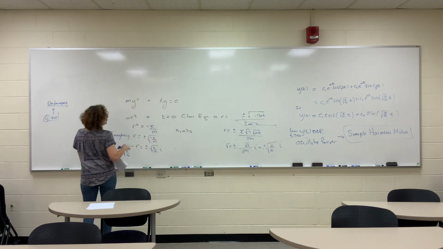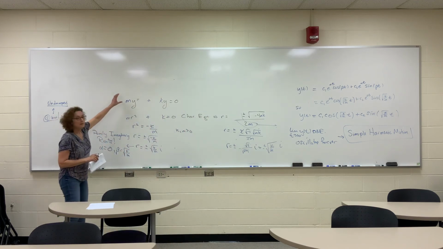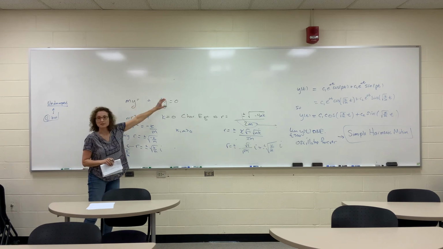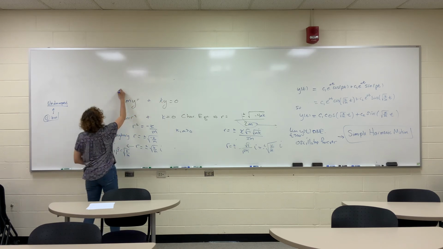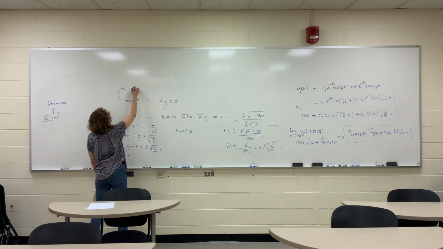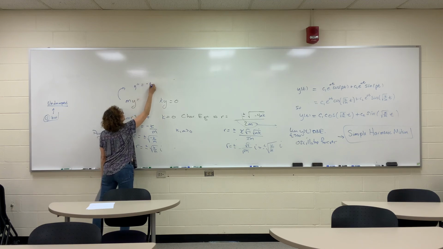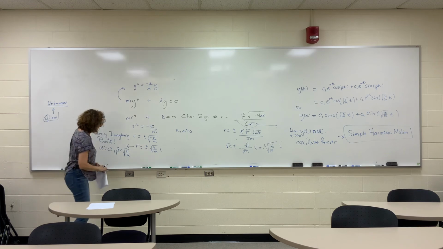Simple harmonic motion is going to come from an equation, an ODE, a constant times y double prime plus a constant times y is 0. And we've seen this equation before, right? If we divide through by m, we get y double prime equal to minus k over m y, right?